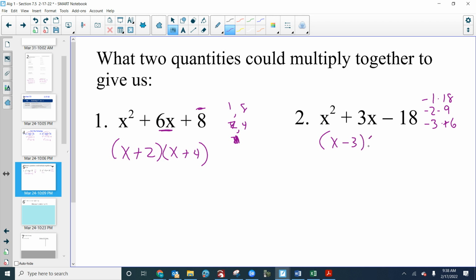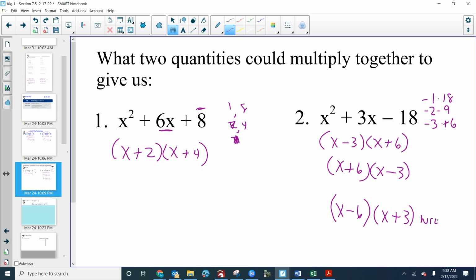And it doesn't matter the order I write it in, guys. I could have written it like this. Because remember, multiplication order does not matter. But sign, however, does. Okay? This is wrong. If I write this, this is wrong.